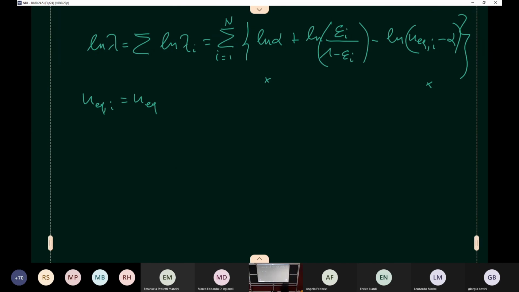So in this case, the logarithm of lambda is equal to alpha over u eq minus alpha, the same term summed n times, and then the term related to the inert fractions of the different stages.